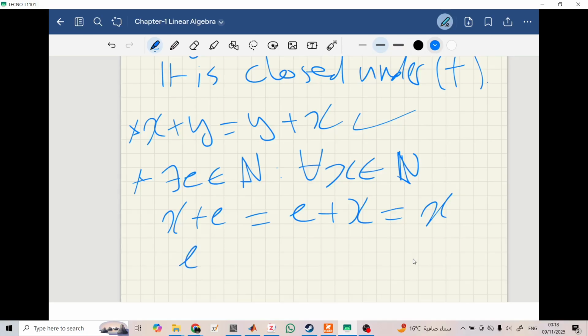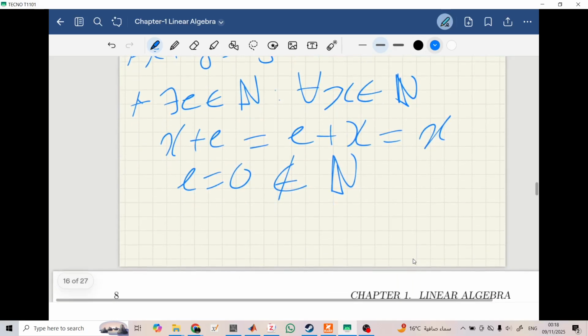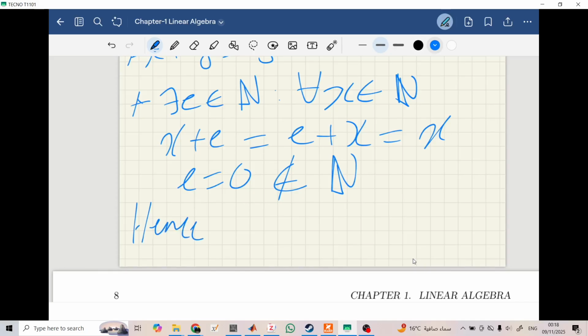Now this element is 0, and 0 does not belong to the natural numbers. So hence the natural numbers with an addition defined on them is not a group.